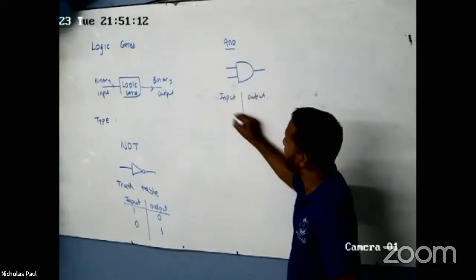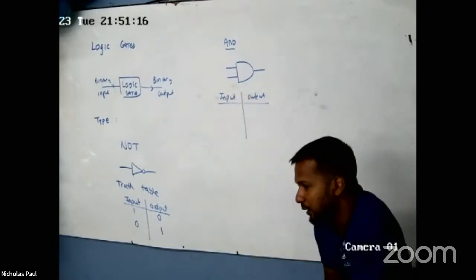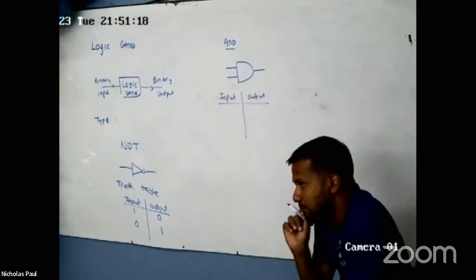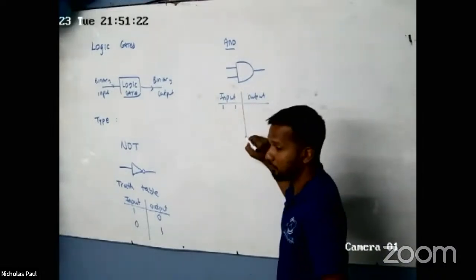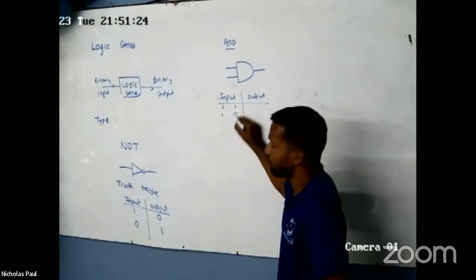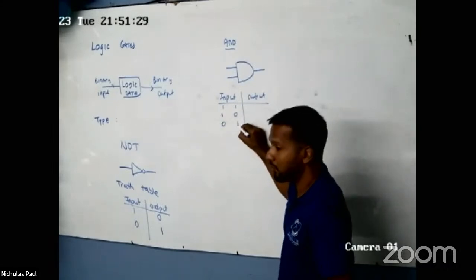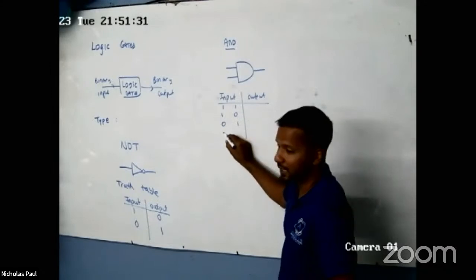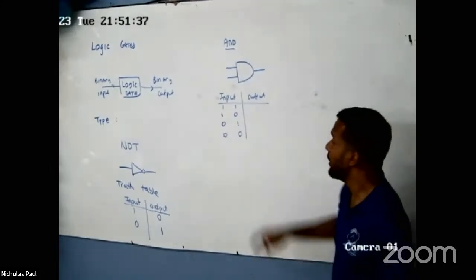Because you have two inputs, what are the possibilities? You could have two ones, or a 1 and a 0, or a 0 and a 1, or, what's the last thing missing? A 0 and a 0. Those are your four options.